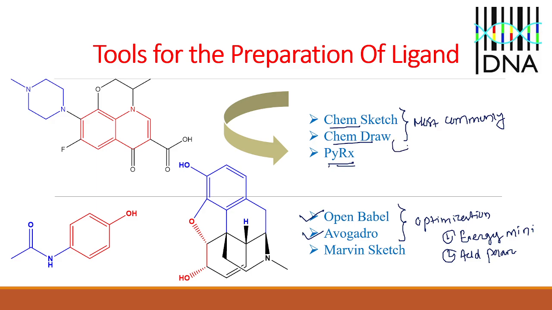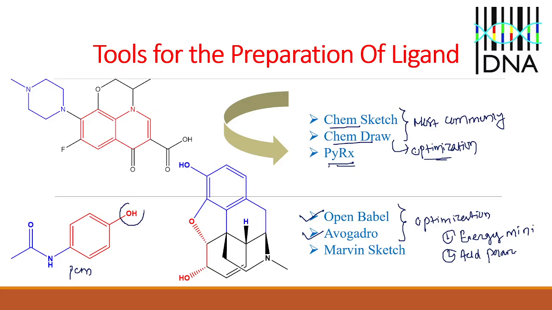ChemDraw has another property for optimization. It is a very important tool, because by using this ChemDraw tool, you can optimize the geometry of the ligand molecule. You can create such beautiful images. So you can see that this structure is paracetamol, as you all know.